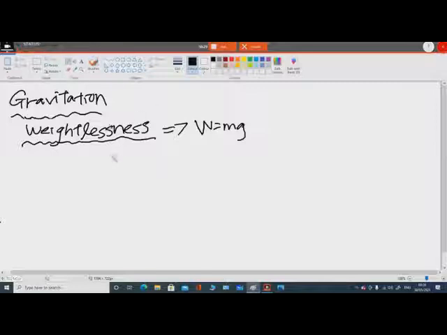So this is our gravitational acceleration. Our acceleration due to gravity is equal to our centripetal acceleration.